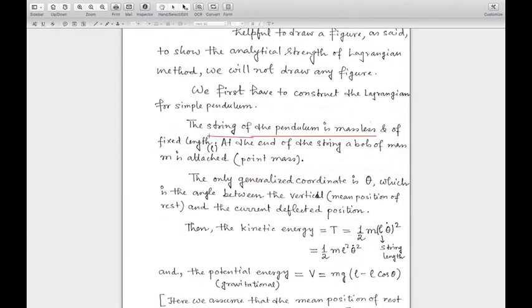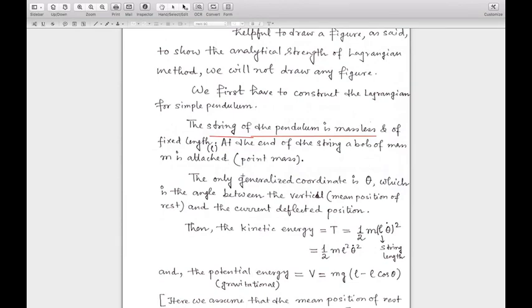And this has a fixed length L, and at the end of the string a bob of mass m is attached, which is a point mass, so it doesn't have any finite shape. It is just a point-like thing, and it moves vertically in a plane, let's say the plane of the paper.